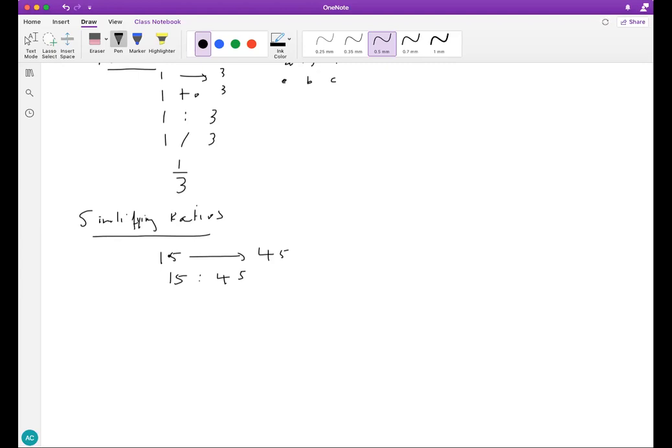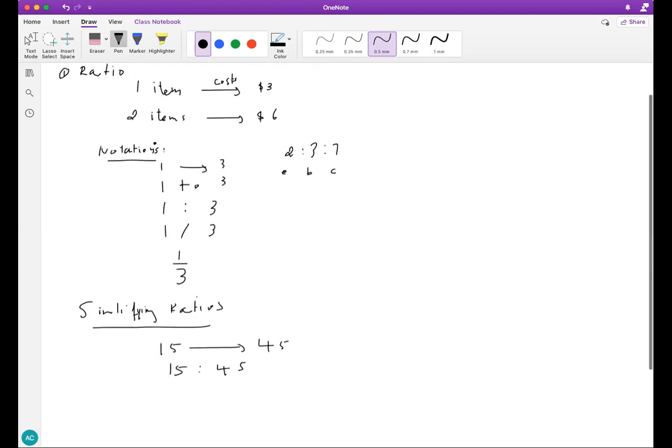If you say, well, 15 items for $45. Let's say you go to a store and 15 items of something cost $45. But you're not sure exactly how much one item costs, or 2 or 3. You're not trying to get 15, you just want to get 1, 2, or 3 items. So you want to simplify this ratio as much as possible so it makes more sense. For example, here 1 costs 3, and so on.